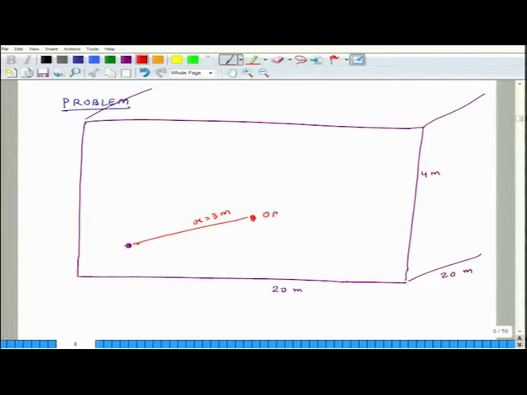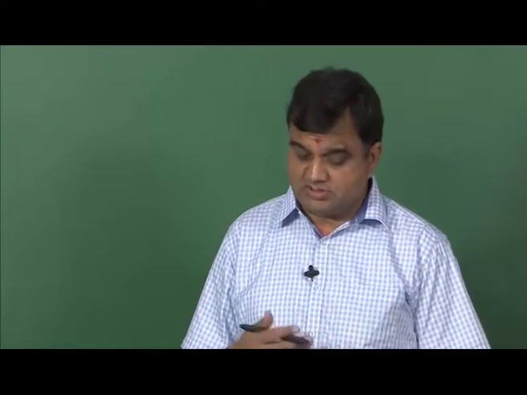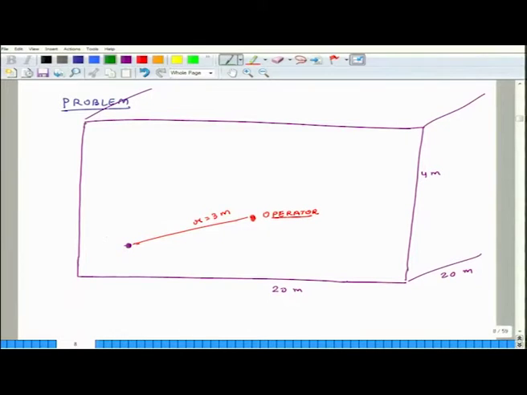So, here is our operator, and we want to ensure that this person hears less amount of sound because this is a very noisy machine. So, we want to design an enclosure so that this operator can be protected from the ill effects of this excessive noise. So, we are thinking of designing an enclosure whose dimensions are something like this.